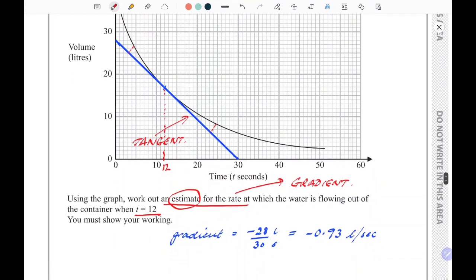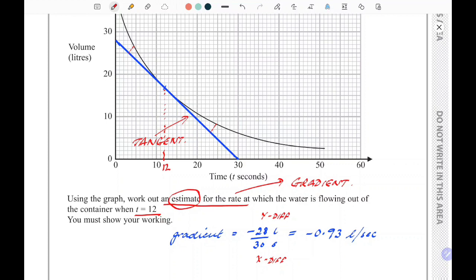All right. Okay, so what we're taking for the gradient is obviously the y difference over the x difference. So the change vertically is, I'm reading it as being 28 down to 0, all right?